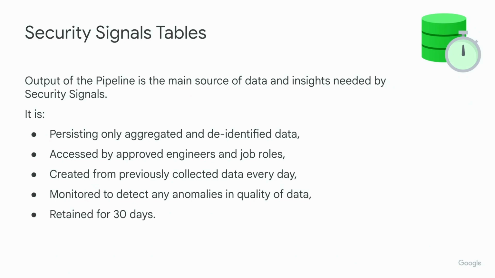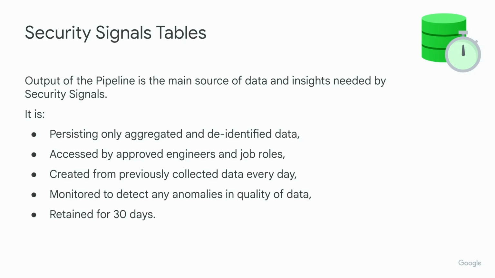In this table, we persist only aggregated and anonymized data and information. So our pipeline ensures that there is no information about individual requests or responses. Access to these tables is a little bit more relaxed, but you still need to be approved, and only for certain job roles. It's created every day. It is monitored for the quality of the data.